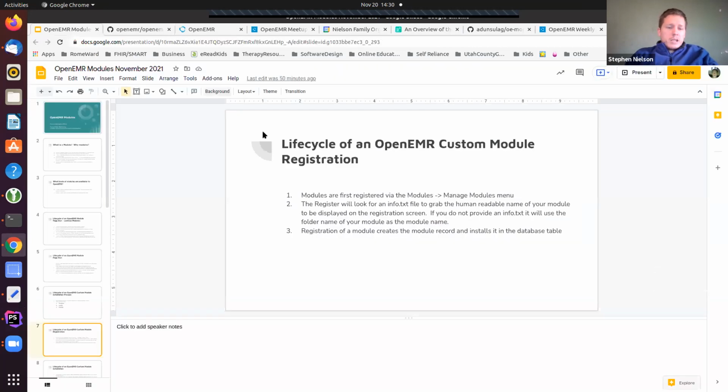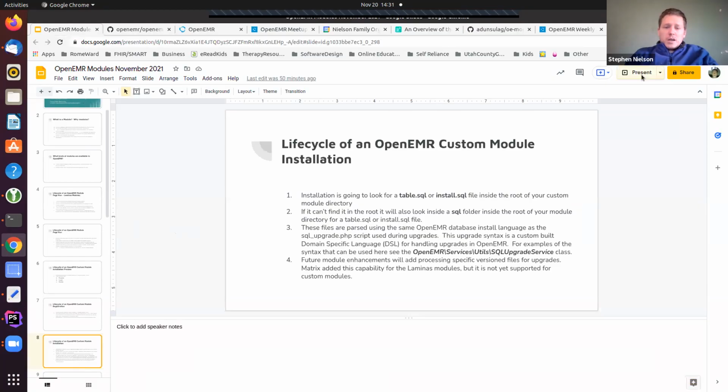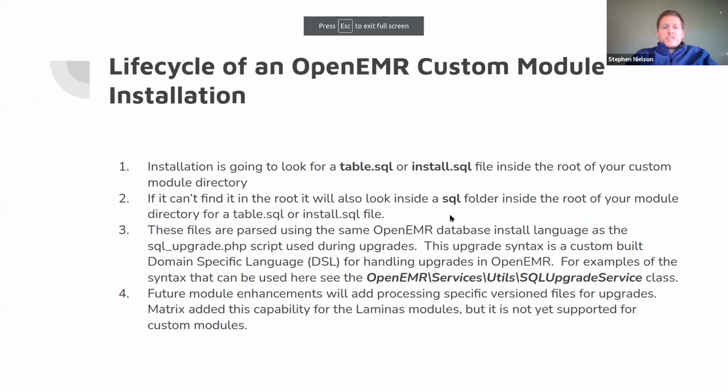That install process is going to look for two specific files in a couple different places. So it's going to look for a table.sql or an install.sql file inside the root of your custom module directory. If it can't find it in the root, it's going to look inside a SQL folder inside the root of your module for a table.sql or an install.sql.